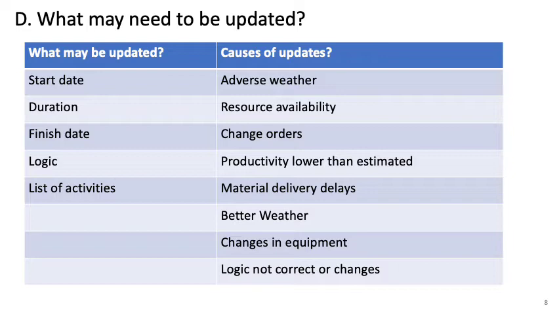Or resource availability: you cannot start doing the work without materials or without workers, so it may impact the start date. And let's say your resource level is not optimal, so the production rate would be less than what you estimated, so the duration is going to be longer. So that may require an update on the project activities' duration and start.